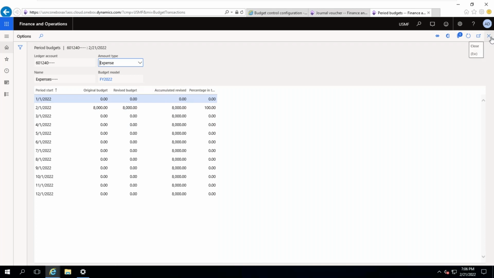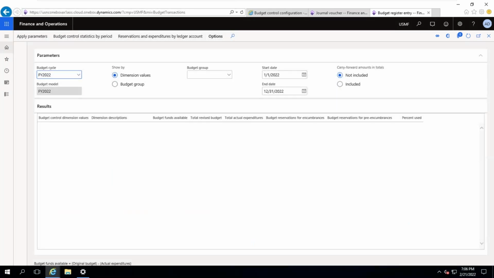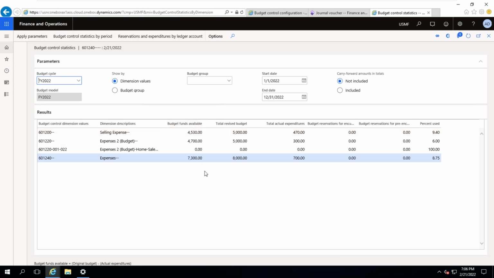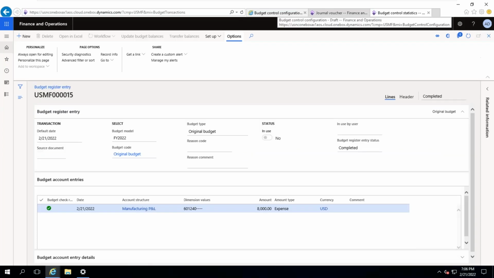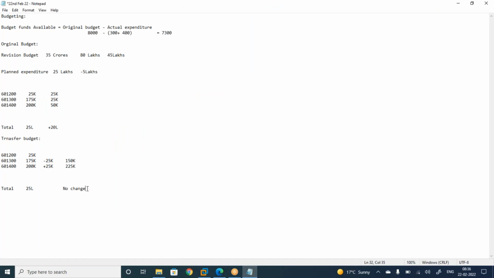For that we are using this one. That's it. For your clarity purpose we are doing. Different reports can be generated if you use that. Okay, you are going to learn all those things. So you are now clear about original budget, revision budget, transfer budget, and minus actual expenditure. Clear? Am I right? Next, one more, preliminary budget.